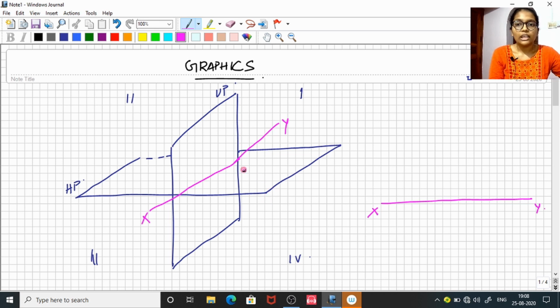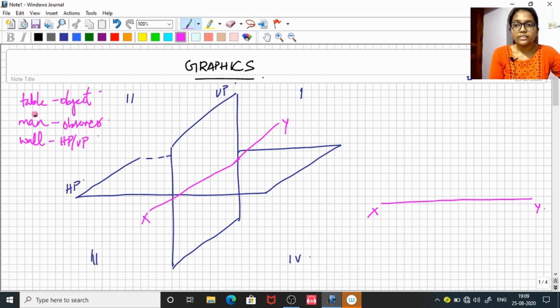So let us consider the table as our object, and the man as our observer, and the wall we had is now our HP or VP.